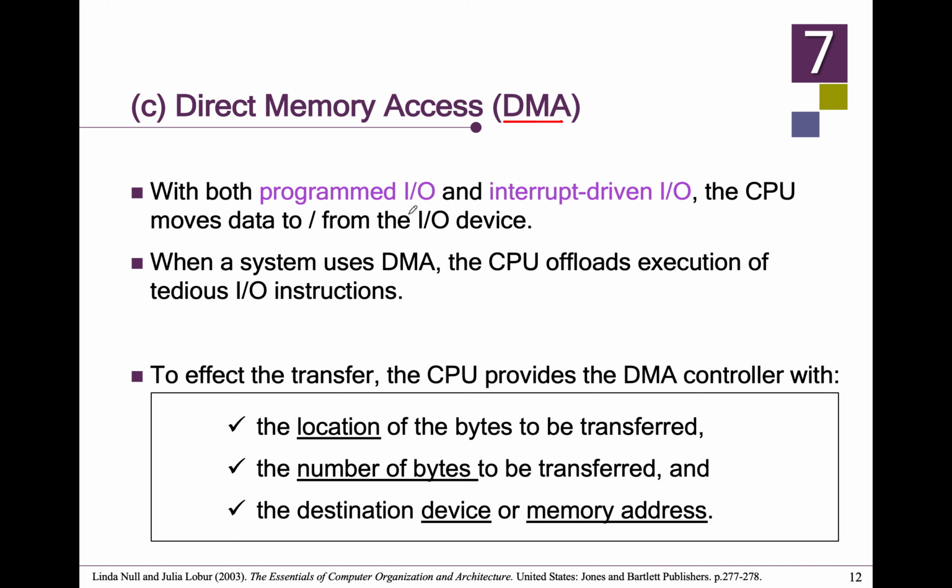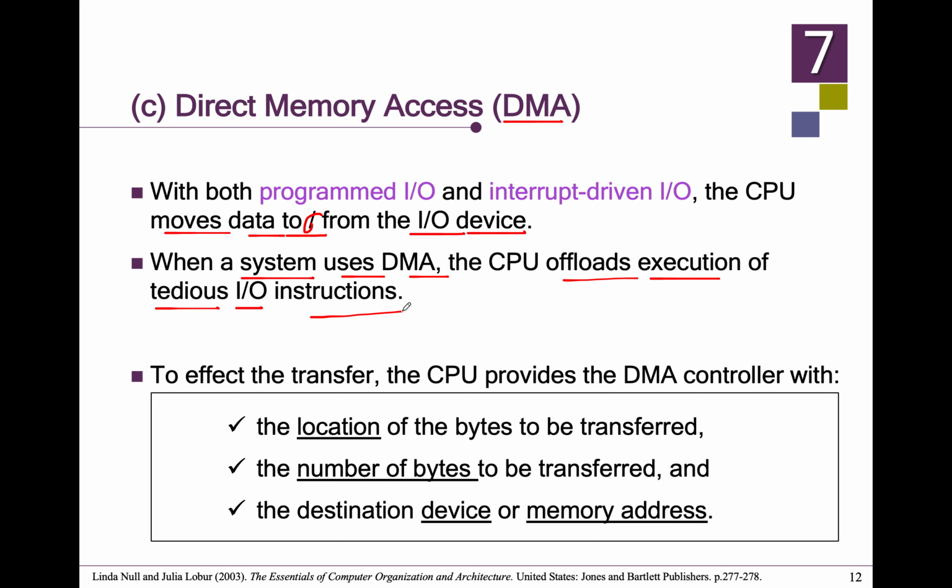With both programmed I/O and interrupt driven I/O, the CPU moves data to or from the I/O device. When a system uses DMA, the CPU offloads the execution of the tedious input-output instructions.